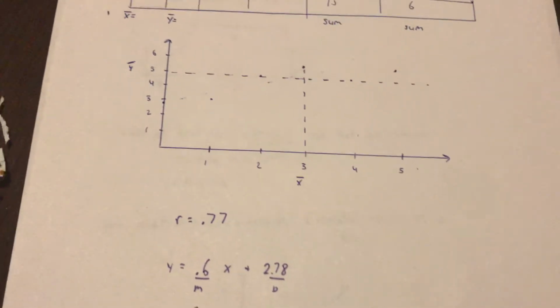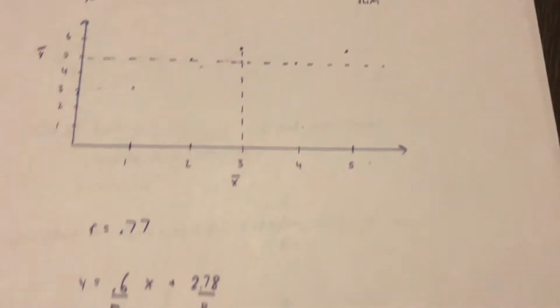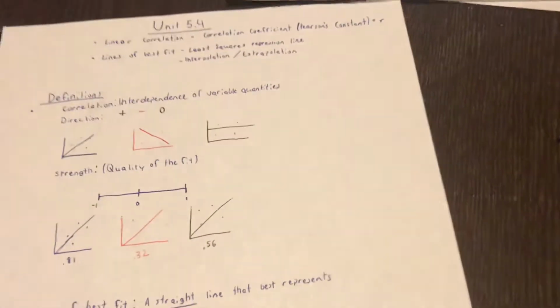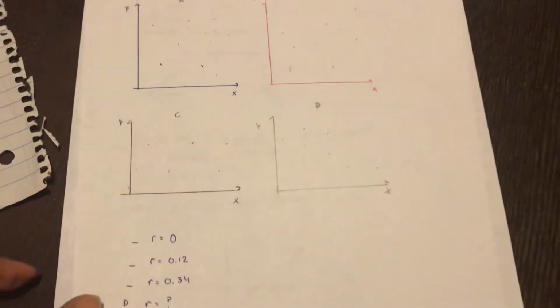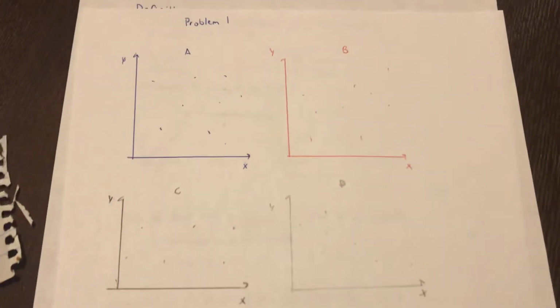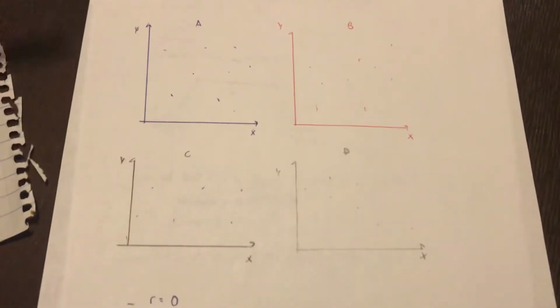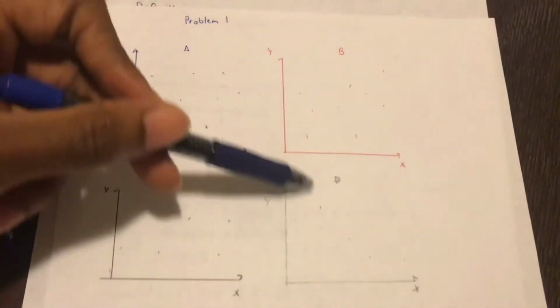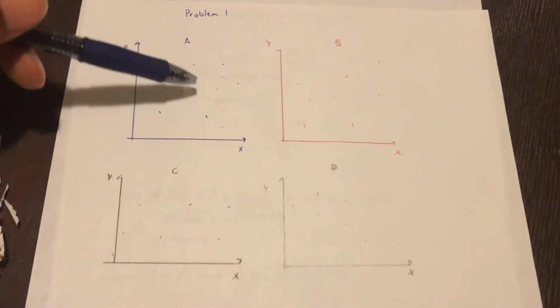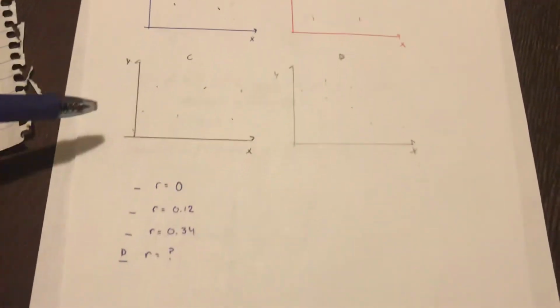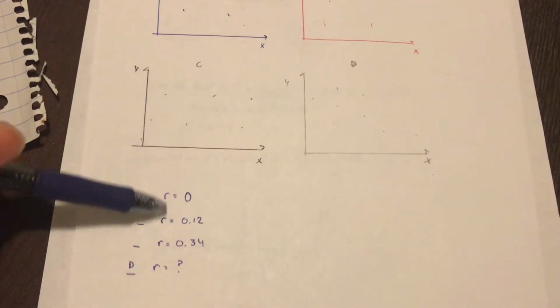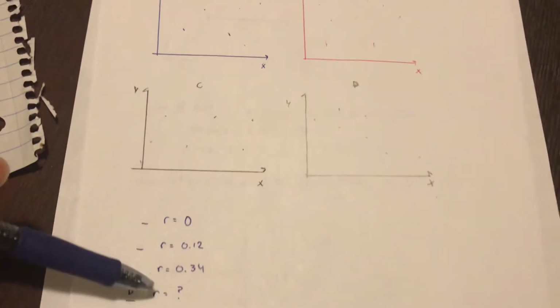Now, I'd like to go over some problems for you guys just to make sure that you were working on all of these. So our first problem will be similar to our first example, and we're given 4 graphs. We have A, B, C, and D again, and then we're given different R values, and I'd like you guys to match these up together.